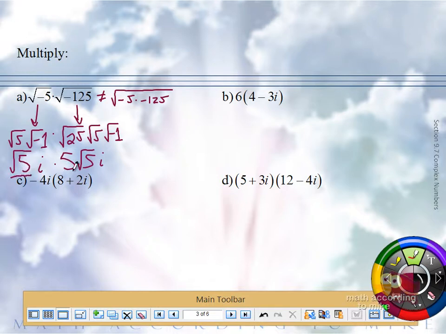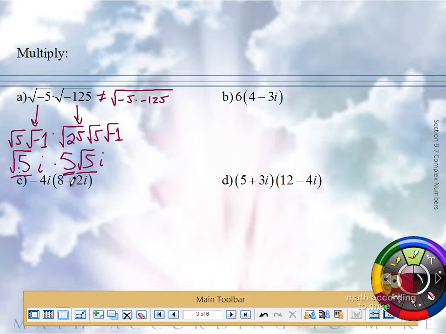What is square root of 5 times square root of 5? Just 5. What is that 5 times this 5? 25.